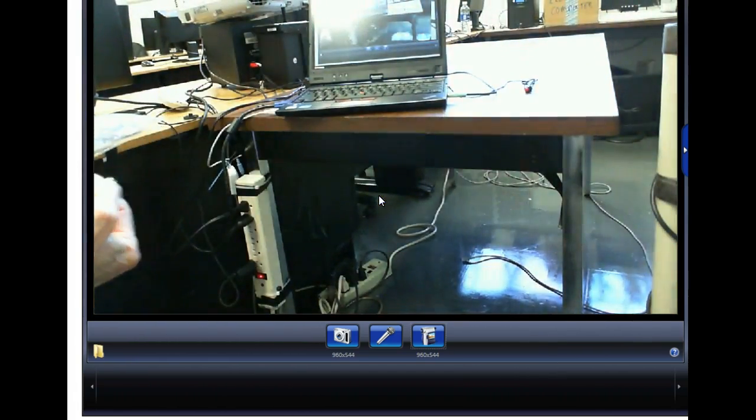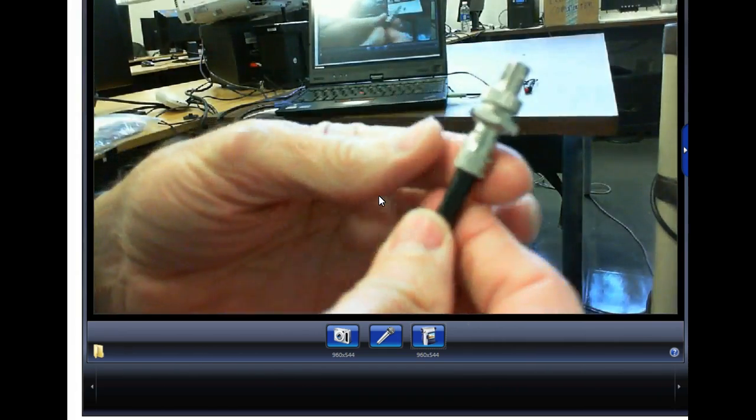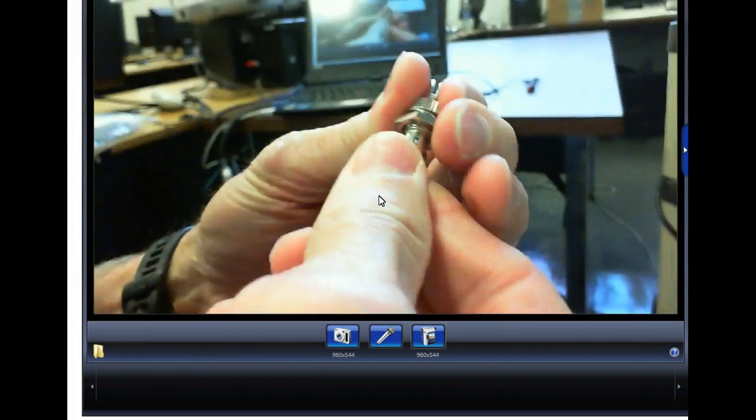So what we would do on a cable is, this is the way a bayonet connector works.